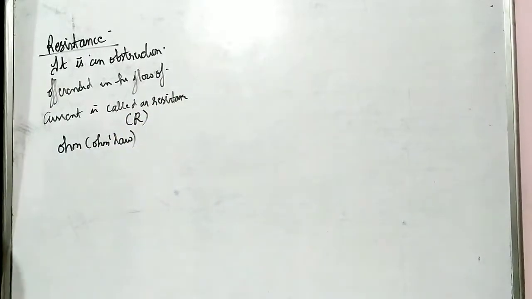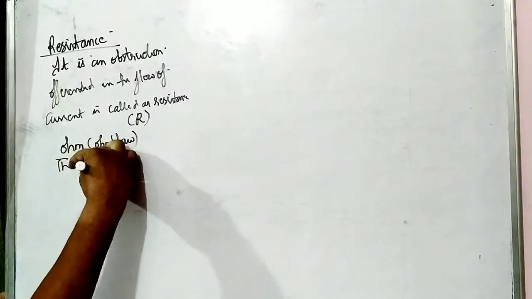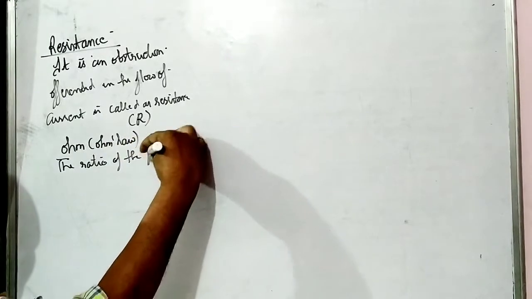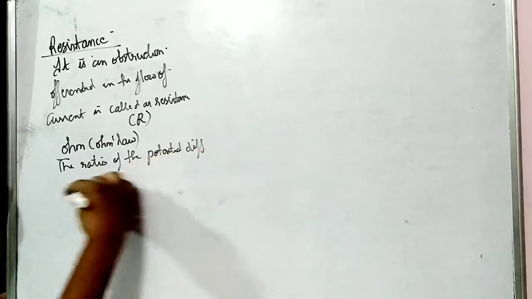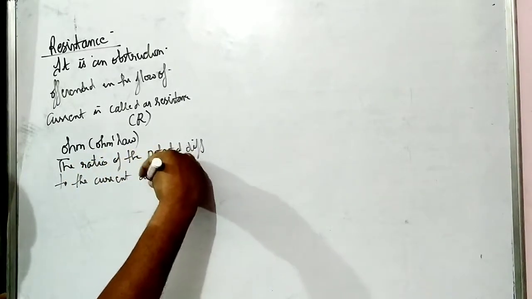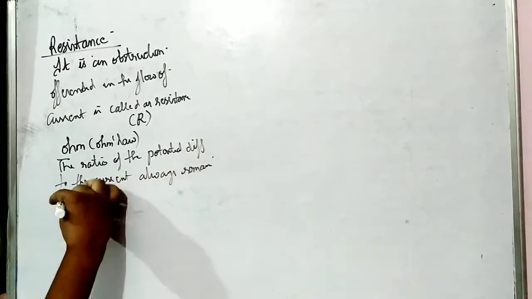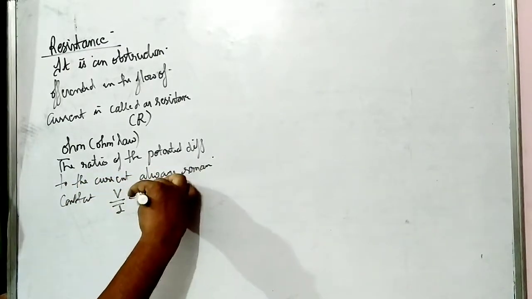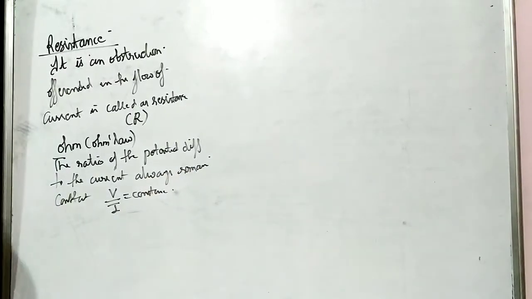According to Ohm's law, the ratio of the potential difference to the current always remains constant. That is, V upon I is always equal to a constant when we apply Ohm's law.